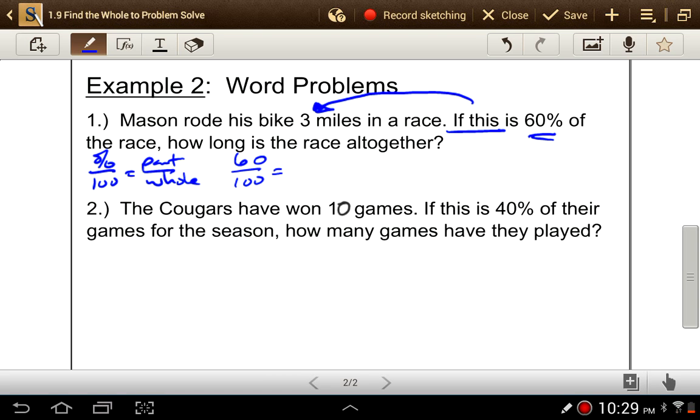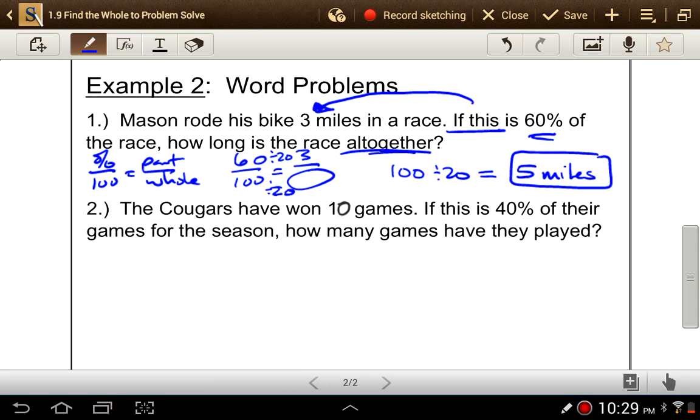How long is the race altogether, referring to the entire race or the whole race. So it's going to be 3 over, we don't know. 60 divided by 20 is 3, so I do 100 divided by 20 on the bottom. Third step is to do 100 divided by 20, which is 5. So the answer is how long is the race altogether? 5. This is a word problem, so I'm going to put my miles at the end to find my complete answer.